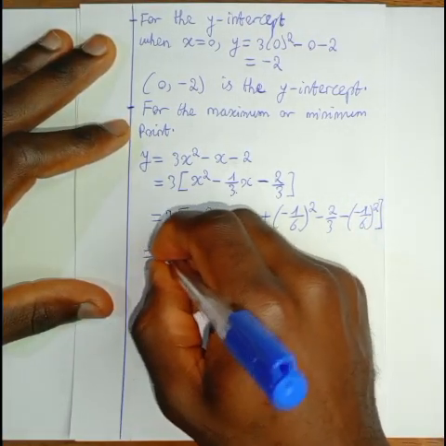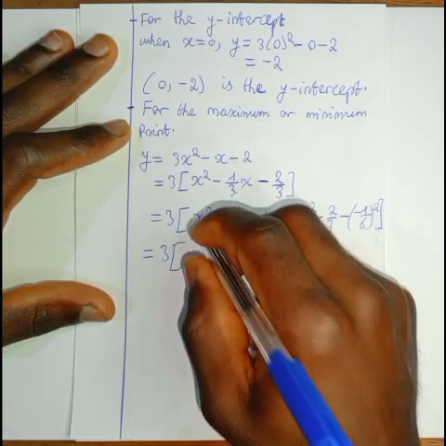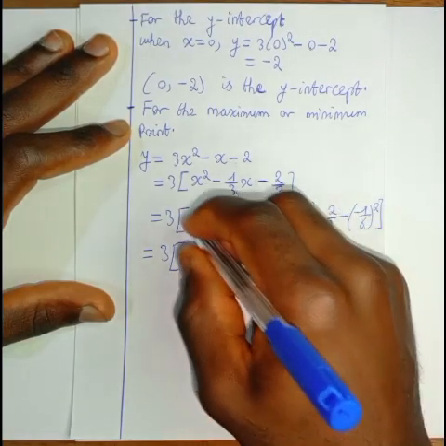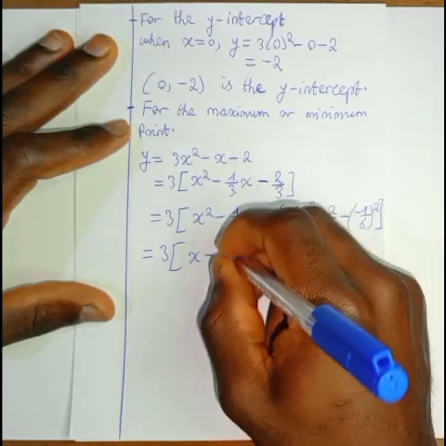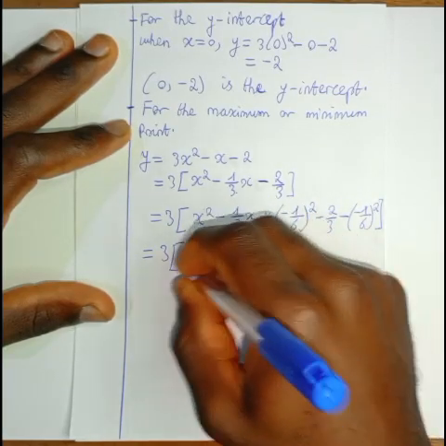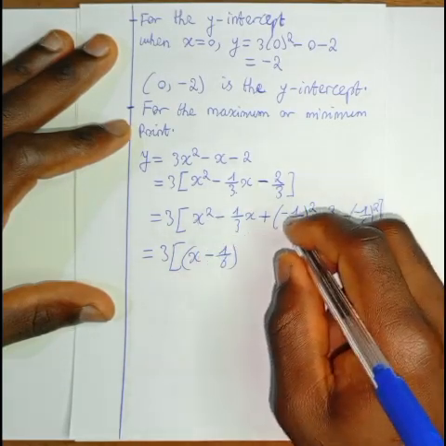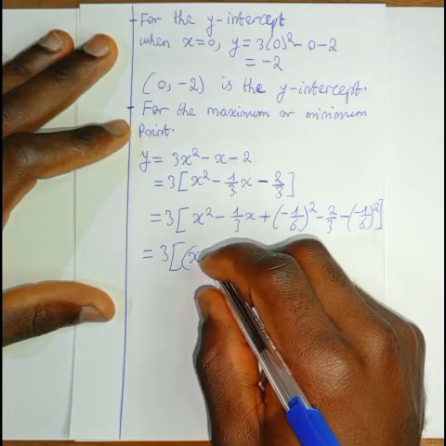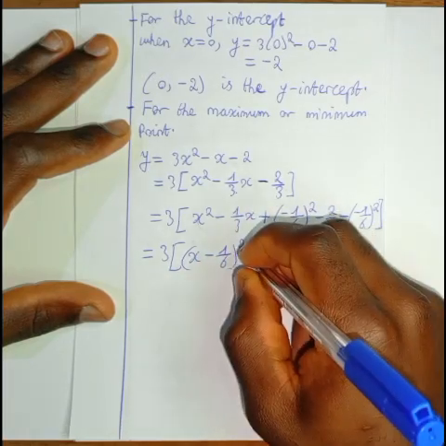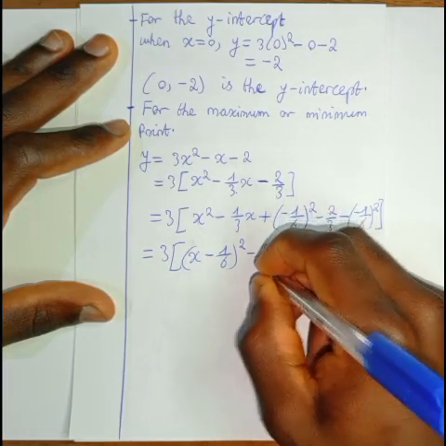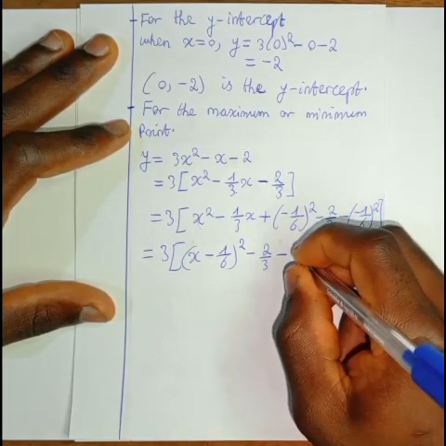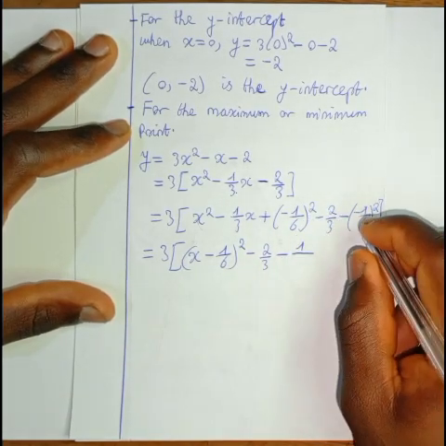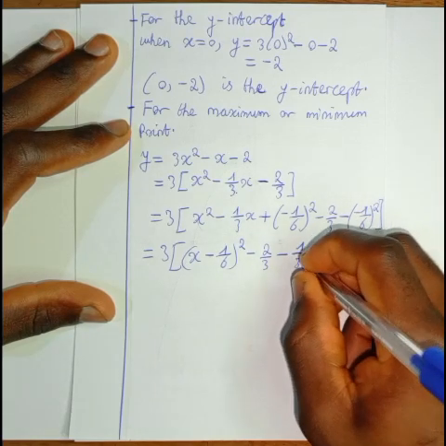This will simply be equal to 3 times, we know this is a perfect square, and the factorization is simply x minus 1/6, all squared, minus 2/3 minus negative 1 squared, which gives us 1, all over 6 squared, which gives us 36.